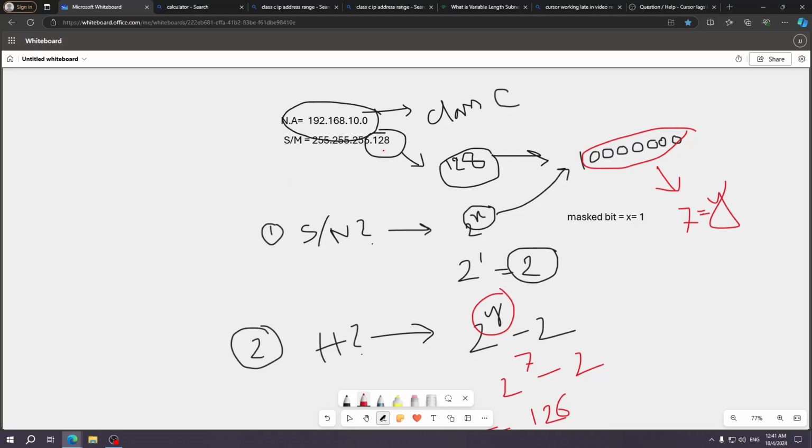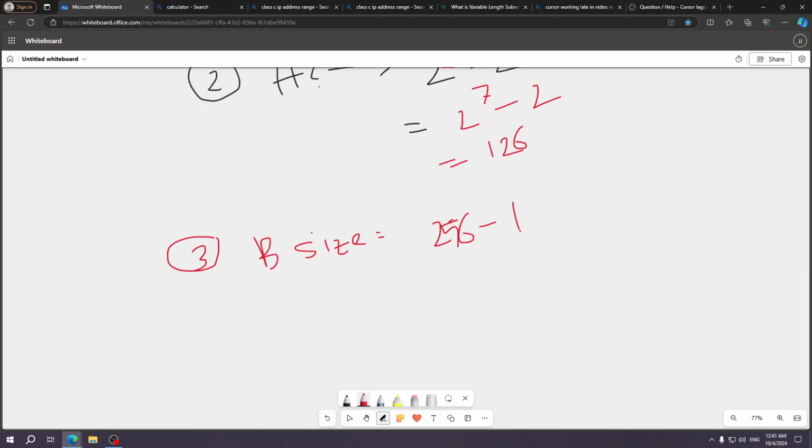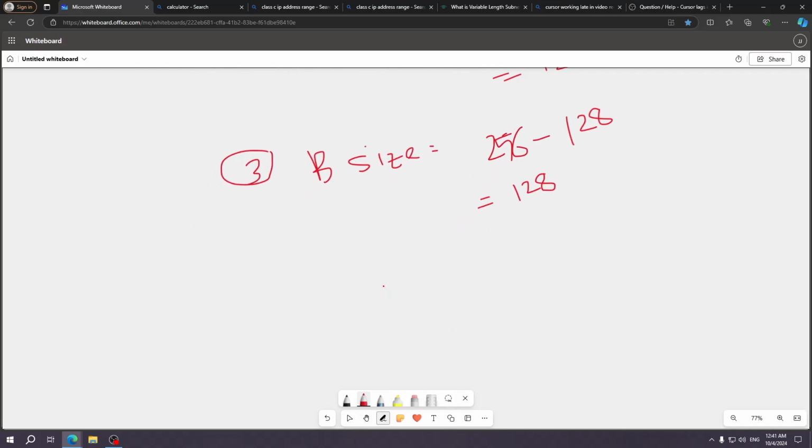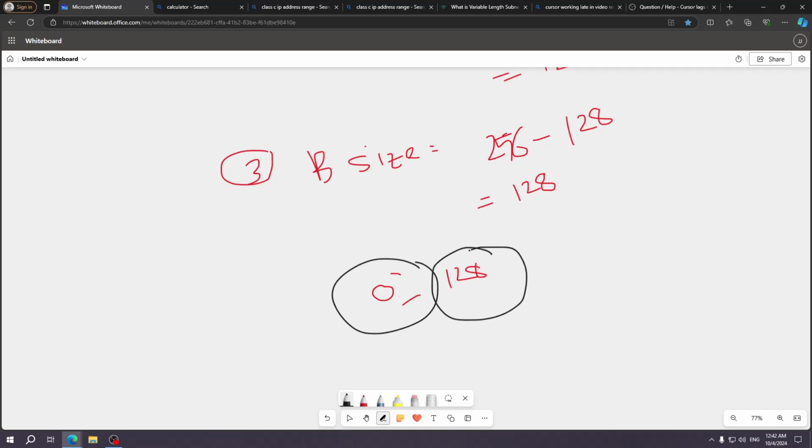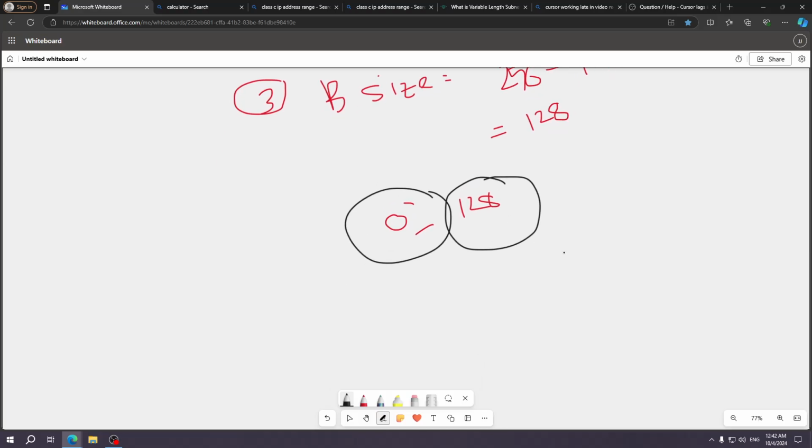If we subtract 128 from 256, we get the block size. So the answer is 128. So the block size will be 0, 128, then 256. It will increase like this: 0, 128. These will be the two subnets.